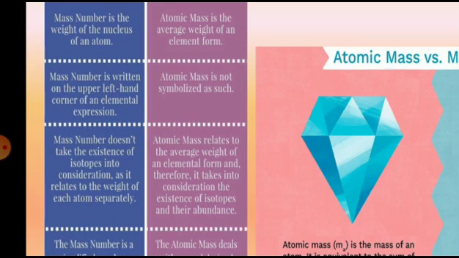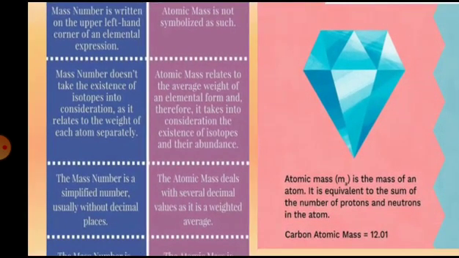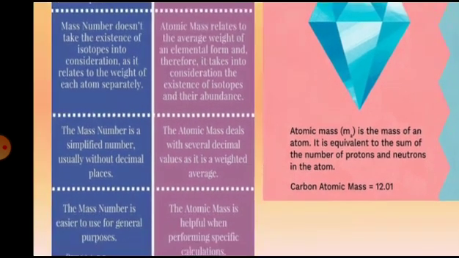Mass number does not take the existence of isotopes into consideration, as it relates to the weight of each atom separately. So it does not take the consideration of isotopes in case of mass number, whereas atomic mass relates to the average weight of an element form, and therefore it takes into consideration the existence of isotopes and their abundance.